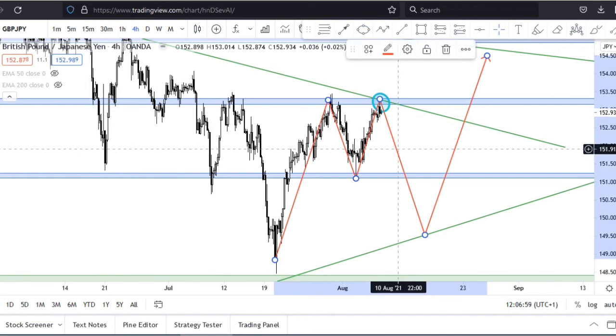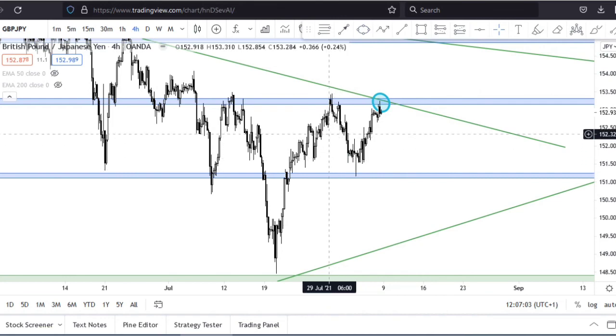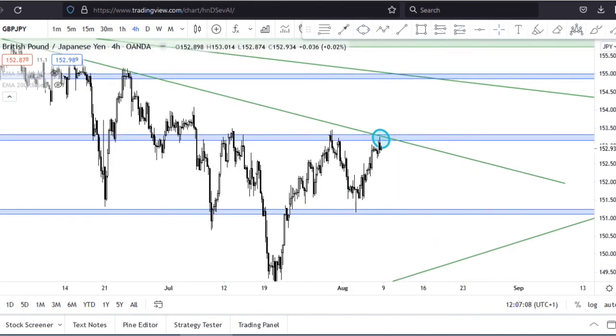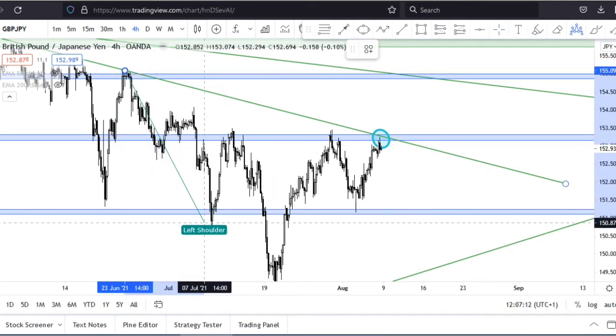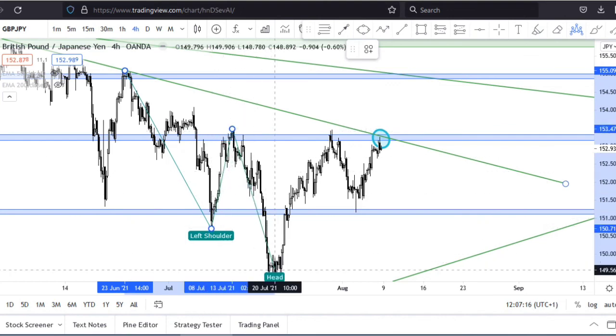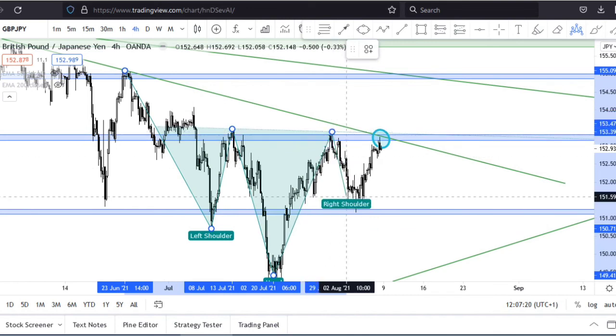The second thing that can happen is, as you can see, the formation of an inverse head and shoulders pattern. We can identify this left shoulder over here, then the head down there, and the right shoulder over here.